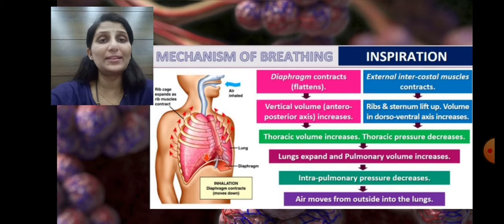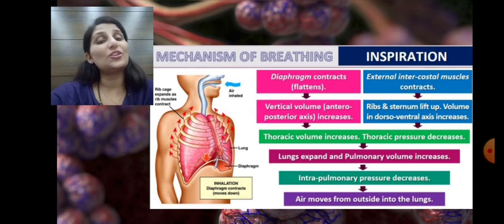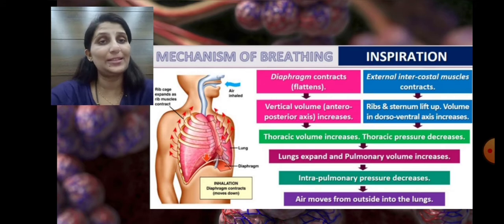We would have experienced when we are breathing, there is a change in the position of our chest. It moves up and goes down. When is it moving up? When we are inhaling, or when inspiration is taking place. So when inspiration is taking place, the first step is contraction of the diaphragm.